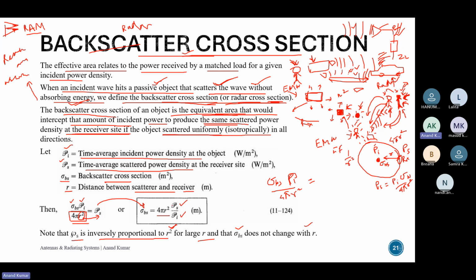So this ps is actually some terms divided by r square. So these can get cancelled, and this implies that the sigma bs, or the radar cross section, does not change with r.